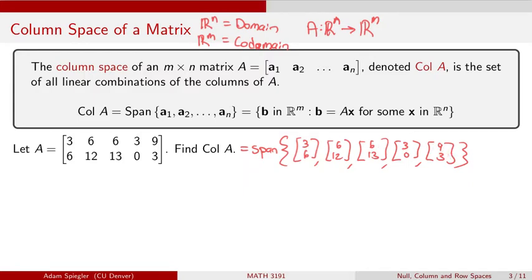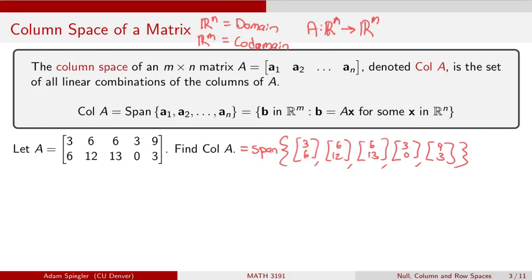But what might be nice, and we're leading into a little bit of material that we'll get into when we discuss bases and things like this, is: do I need all of these vectors listed in this set? So I can see, for example, that these first two vectors, one is a scalar multiple of the other. So the vector (3, 6) and the vector (6, 12), it's just 2 times the vector (3, 6).